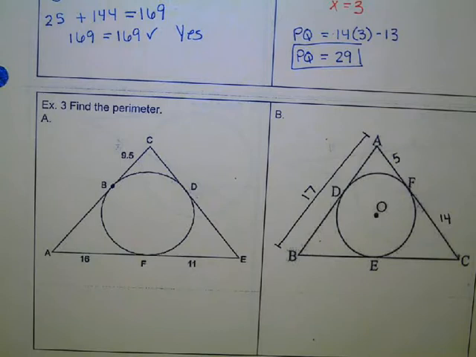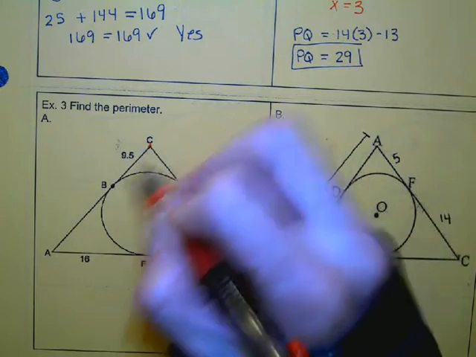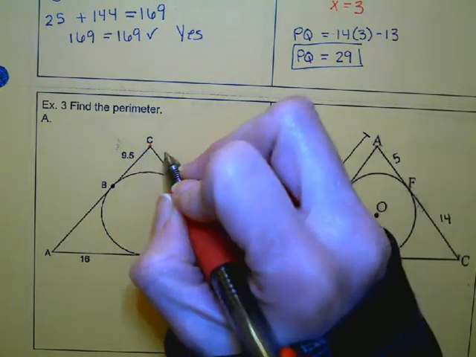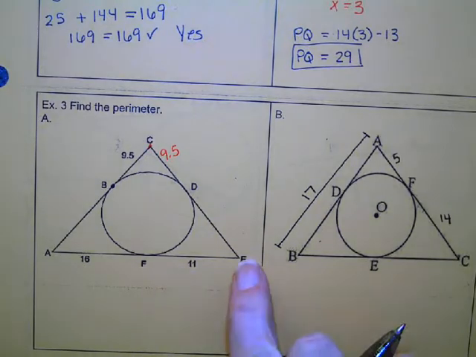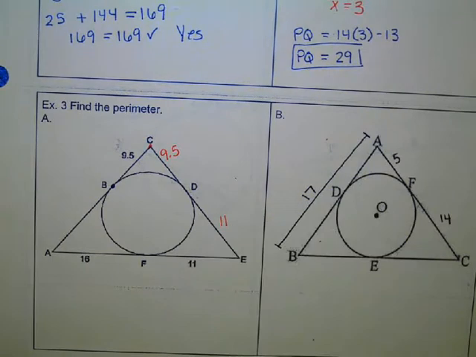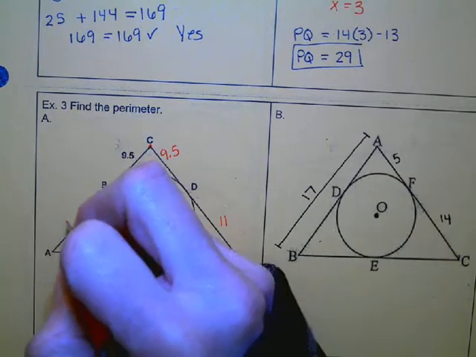So we're going to apply that same idea that the distance from C to the circle on both of those has to be the same thing. So this is 9.5. Same thing here. If EF to the circle is 11, ED to the circle is 11. And here, if AF is 16, then AB is 16.